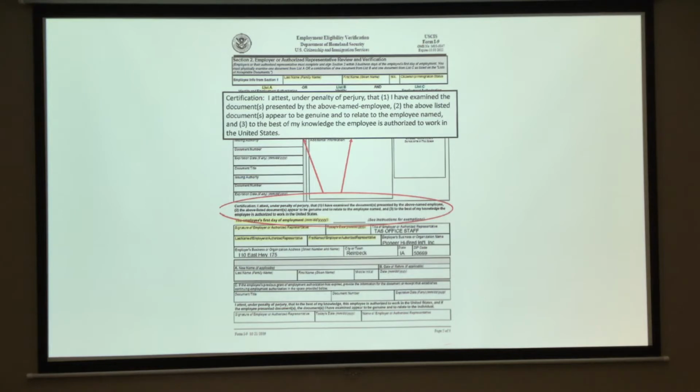The above listed documents appear to be genuine and relate to the employee named, and to the best of my knowledge, the employee is authorized to work in the United States. So right there is a very valid reason. You are attesting under penalty of perjury that you looked at the original documents and they seem to be real. So that's a big key right there.